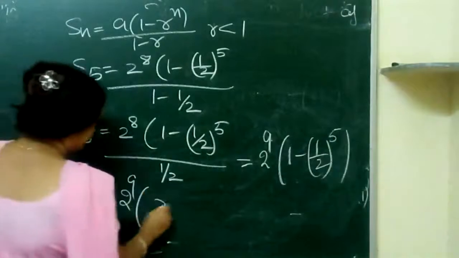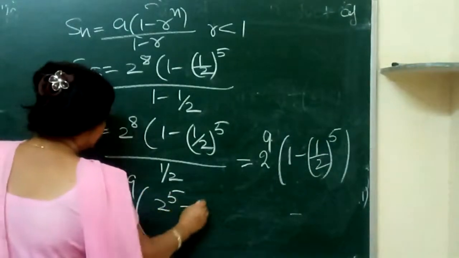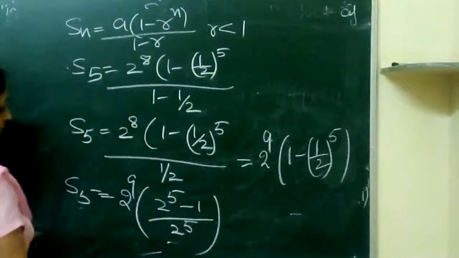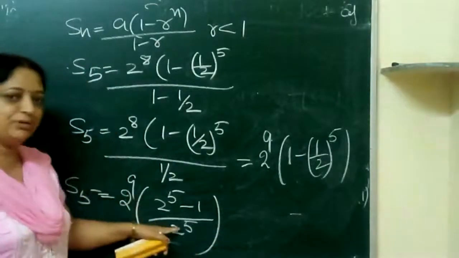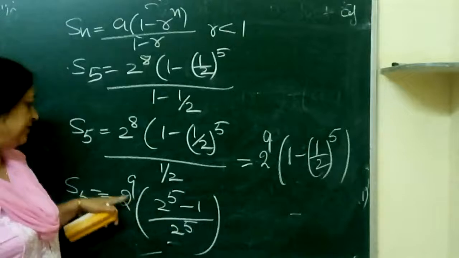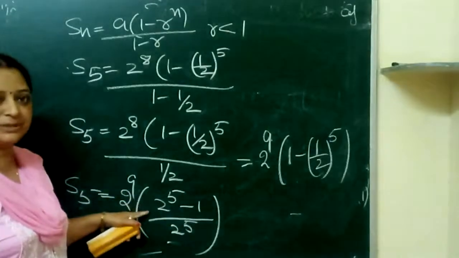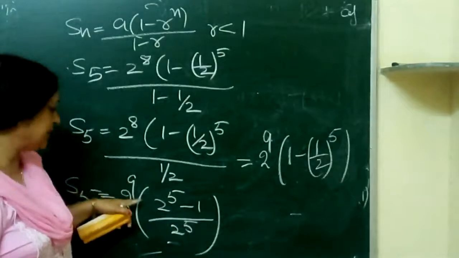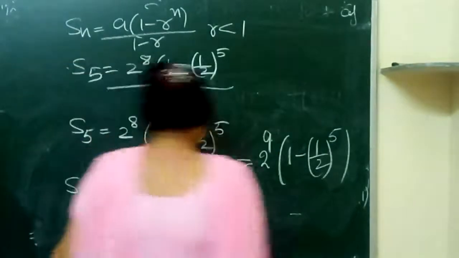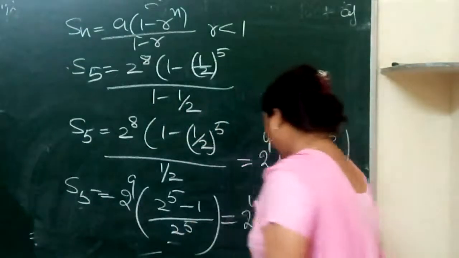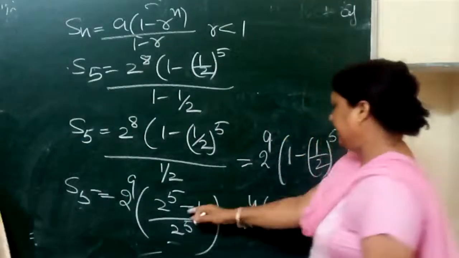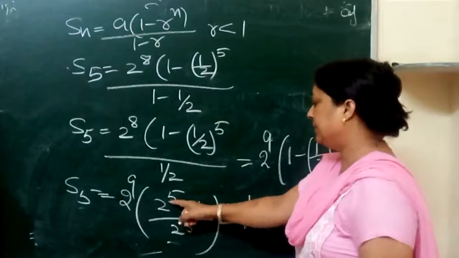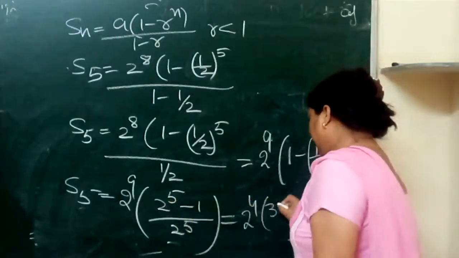Take LCM here, it will come 2 raised to 5 minus 1 upon 2 raised to power 5. After that, this term 2 raised to 9 upon 2 raised to power 5, the base is the same, so we take the powers and subtract: 2 raised to 9 minus 5, it will come 2 raised to power 4. And here this term 2 raised to power 5 is coming 32 minus 1.